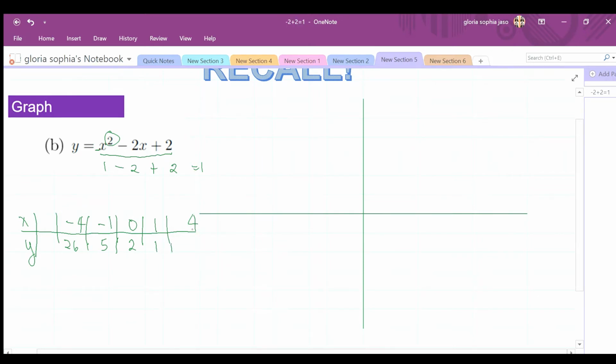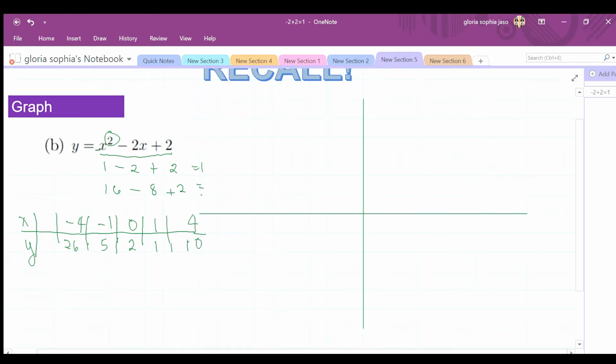And then, for 4, so 4 squared, that's 16, minus negative 2 times 4, so that's negative 8. And then, plus 2. Okay, so that's 18. Okay, minus 8, so that's 10.